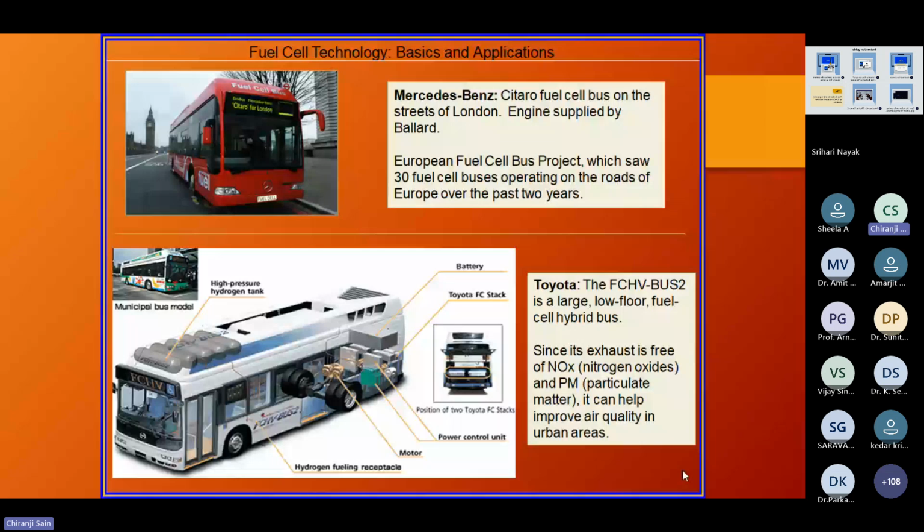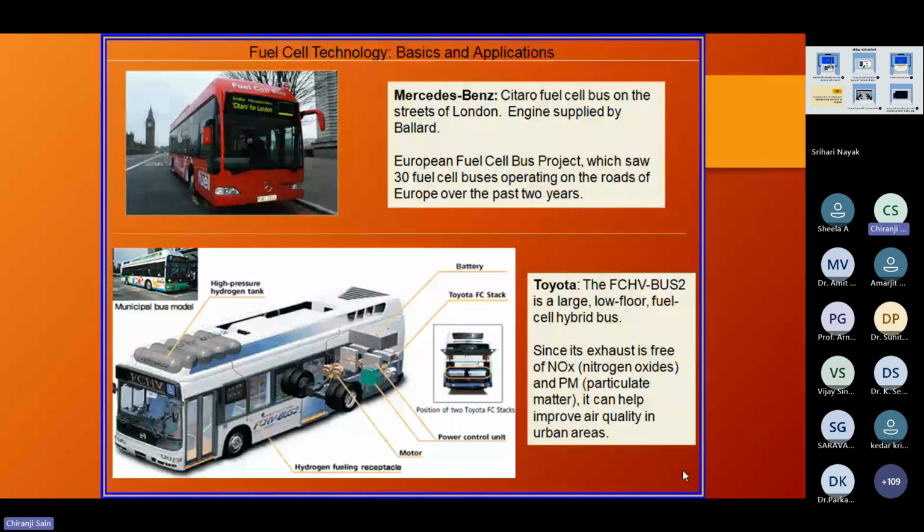Here in the Mercedes Benz, one of the important European projects is running on fuel cell technology, and you could see there are 30 fuel cell buses that have been operated on the roads of Europe for the last few years.